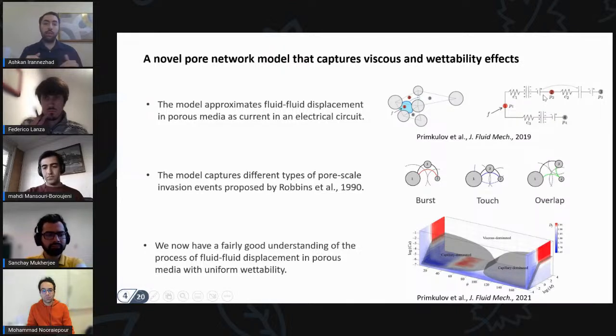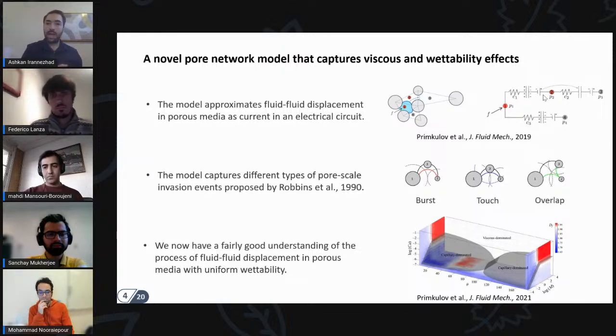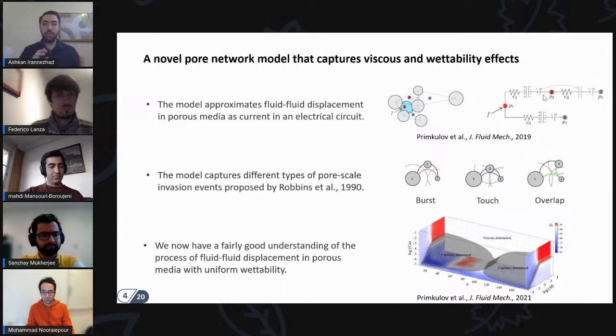And the in-plane fluid-fluid interface that is changing, and needs to reach a specific amount, which is the capillary entry pressure, for the neighboring pore to be occupied, is approximated as currents in a capacitor. So this is overall how the system works. But still, to read about it in more detail, I think this paper by Primikov et al. would be very beneficial. Okay, great.